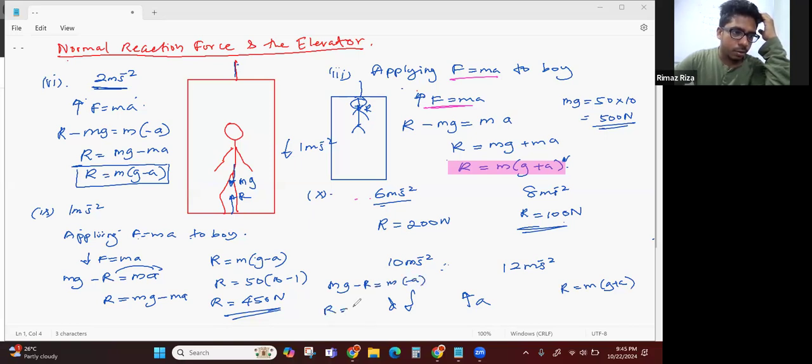So R equals m(g plus a) again. So it will have the same value. If the deceleration has the same value as the acceleration, then R will have the same value. Okay.